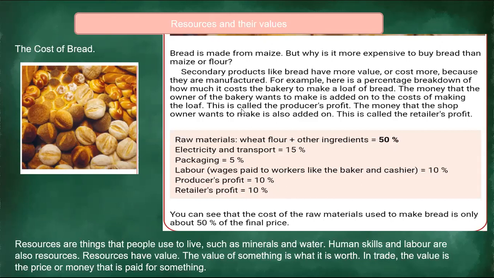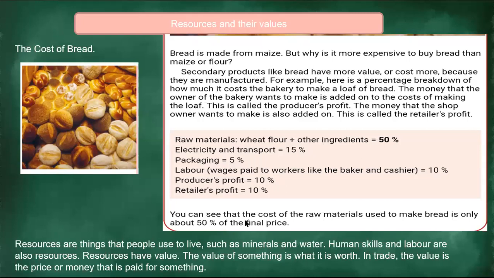The money that the owner of the bakery wants to make is added on to the cost of making the loaf. This is called the producer's profit. The money that the shop owner wants to make is also added on. This is called the retailer's profit.